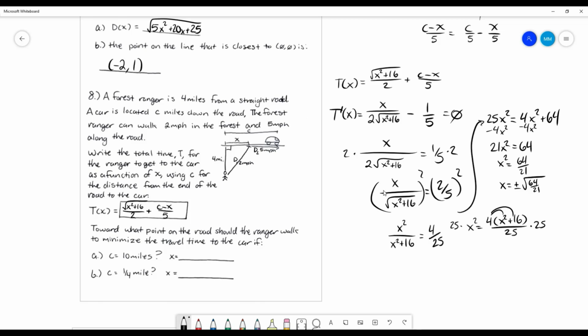Let's say 64 over 21 is a little over 3. It's just over 3, it's 3 and 1/21. So just so we don't have to use a calculator, I know it's a little over 3, but it's definitely less than 4.